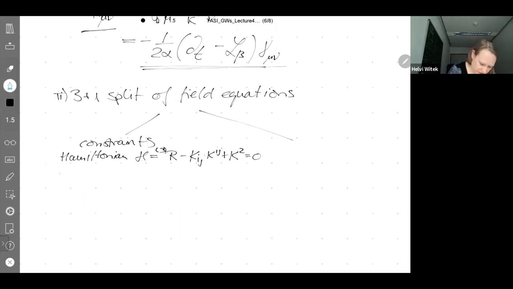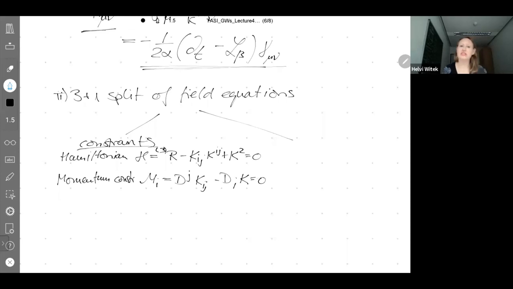And the second one is what we call the momentum constraint, given essentially by the divergence of our extrinsic curvature: the spatial covariant derivative of K_ij minus the covariant derivative of the trace of the extrinsic curvature equals 0.